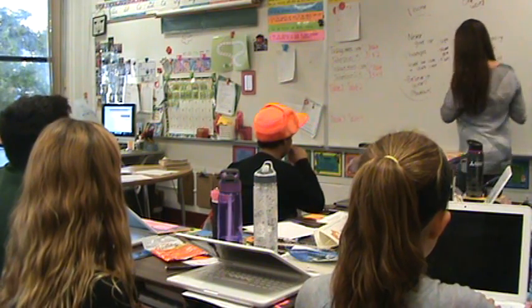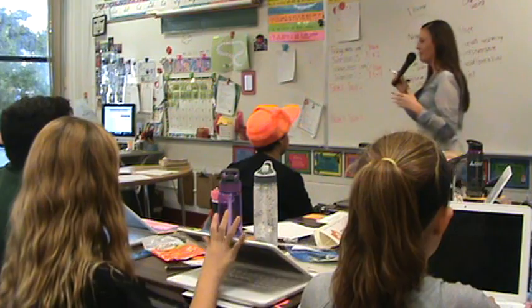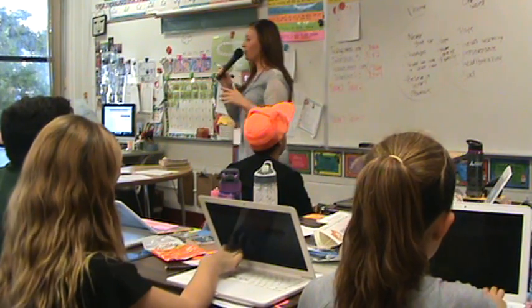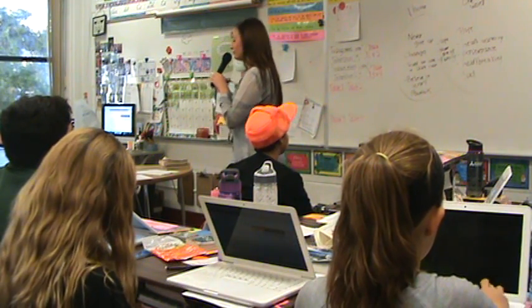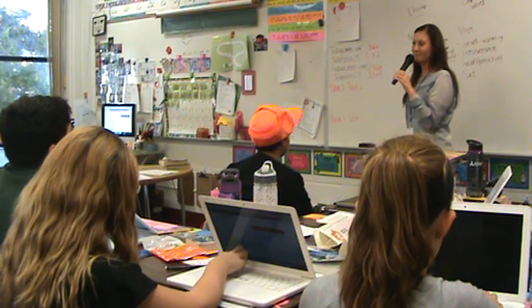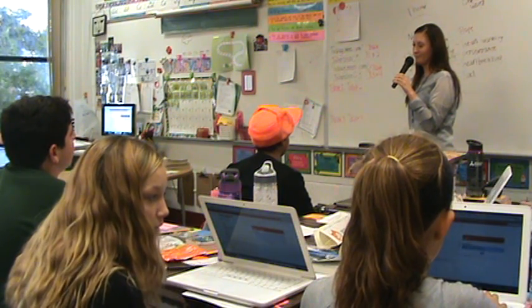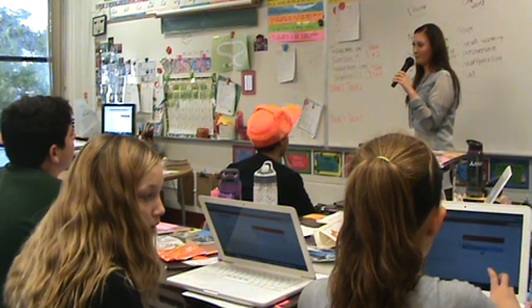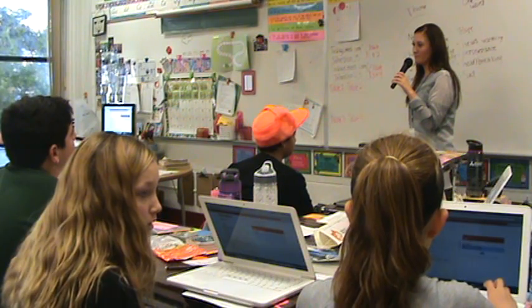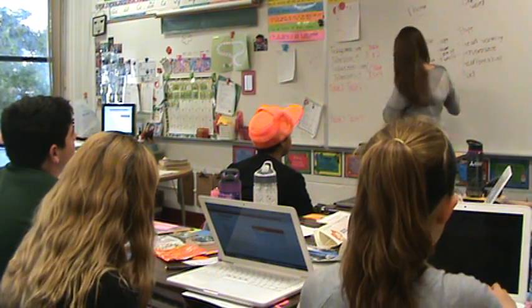Anything else that you guys can think of that make it a similarity? What do you think? It was like how they survive from something really bad. So survival? Okay. All right.